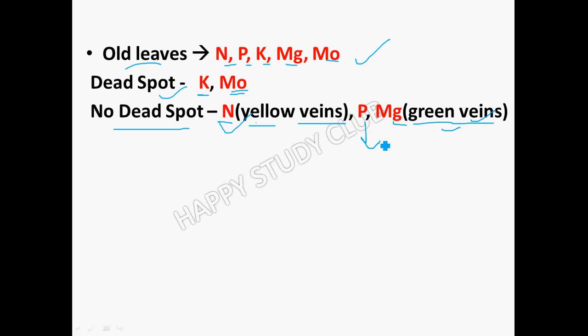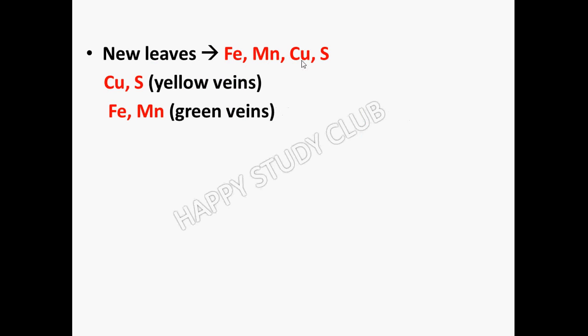For phosphorus deficiency in plants, leaves would turn purple. Now iron, manganese, copper and sulfur affect new leaves.